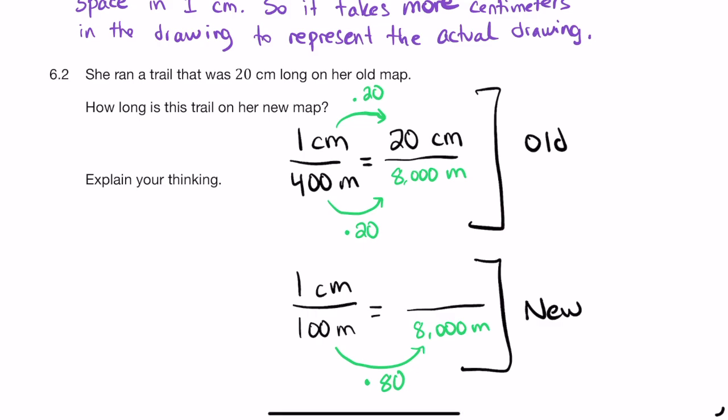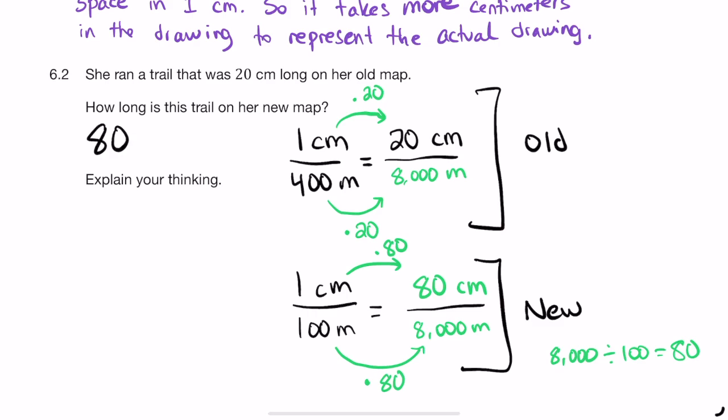You're multiplying by 80. If you don't know that, you can do 8,000 divided by 100, and you'll get 80. So that's going to be 80 times as large. So then I do the same thing in the numerator. And that means that in my new map, it's going to be 80 centimeters long. So the trail is going to be 80 centimeters long on the new map.